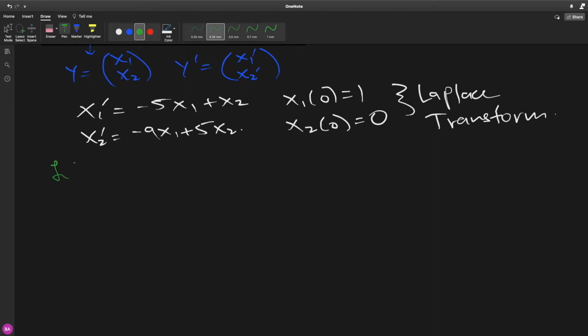We know that for the Laplace transform, the transform of the first derivative should be equal to... So if we were to apply this to both of these, we would get something like this.